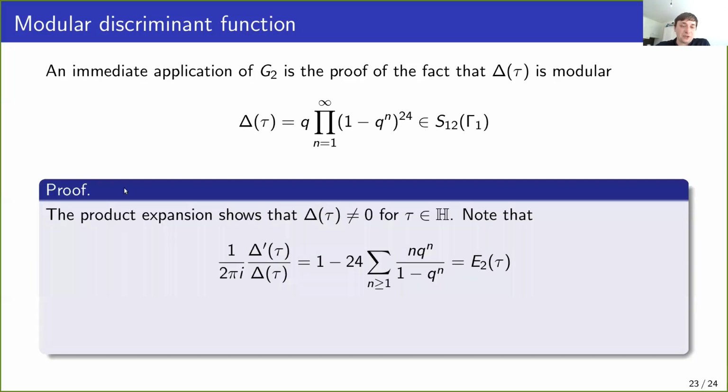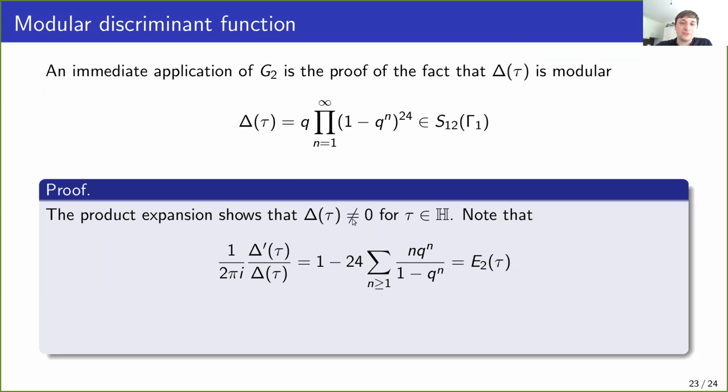And the way to prove it is, it's hard to work directly with products, but what you can do is take a logarithm, and it's sometimes useful to differentiate logarithms, because then it's still given by rational functions of q.